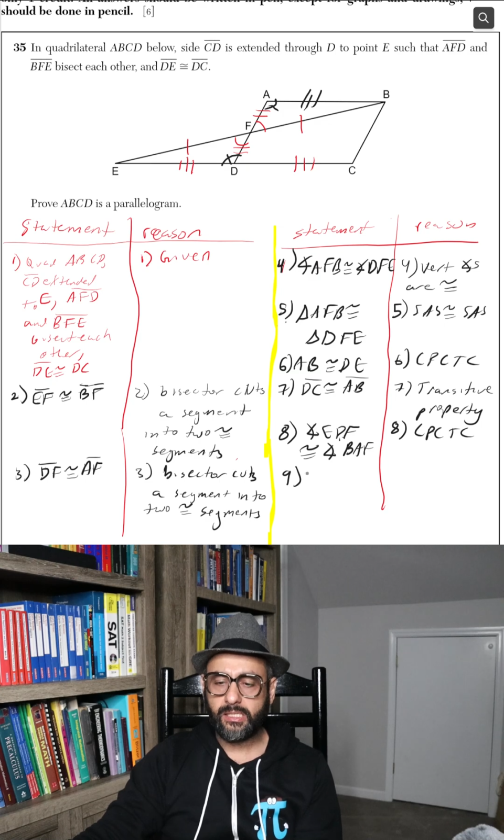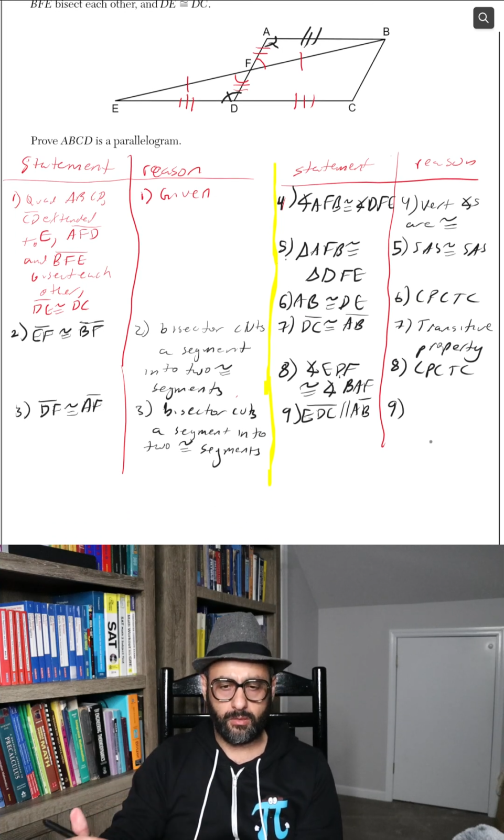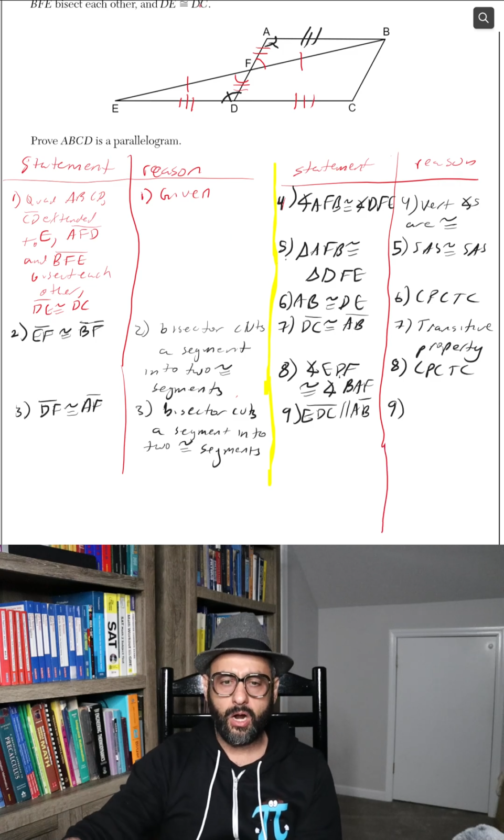So EDC is parallel to AB because if you have 2 segments with alternate interior angles congruent, then they are parallel.